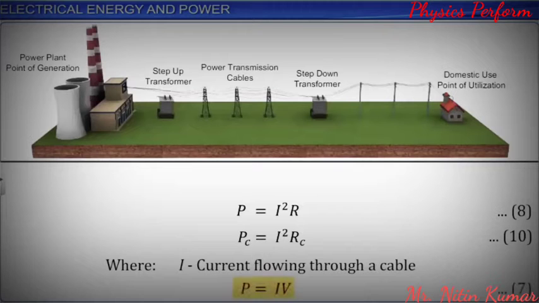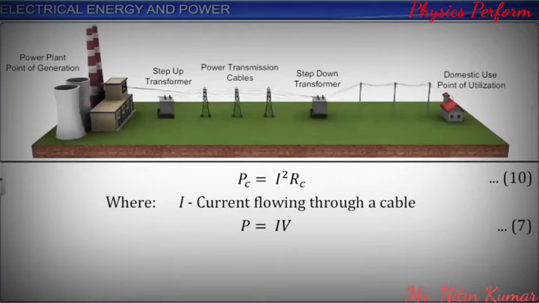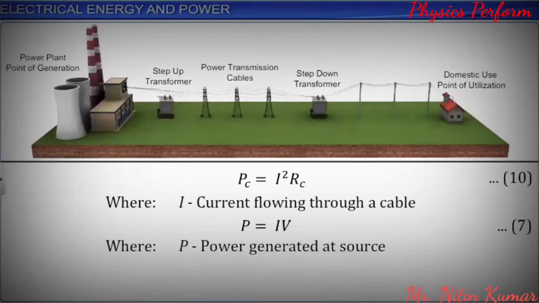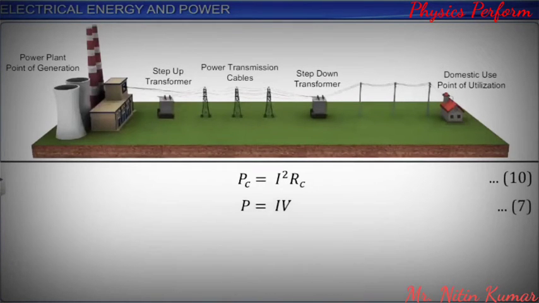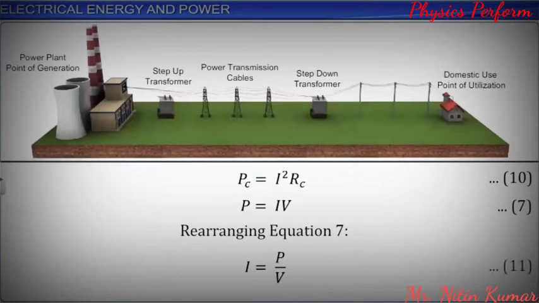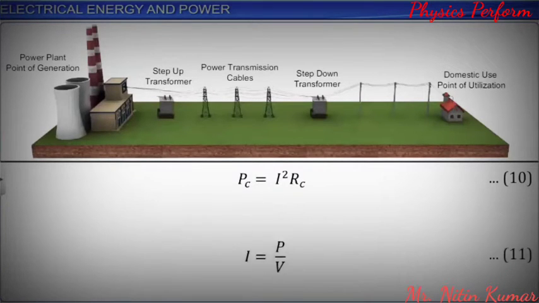According to equation 7, P is equal to IV, where P is the power generated at source, V is the voltage generated, and I is the current flowing through the cable. Rearranging equation 7, we get I is equal to P by V. Let this be equation 11.